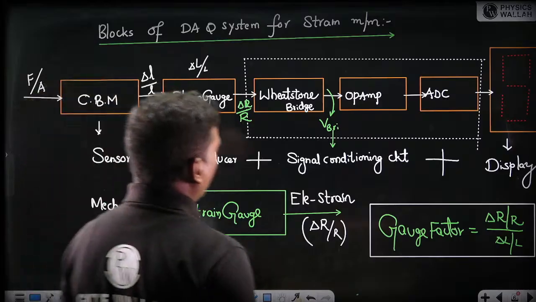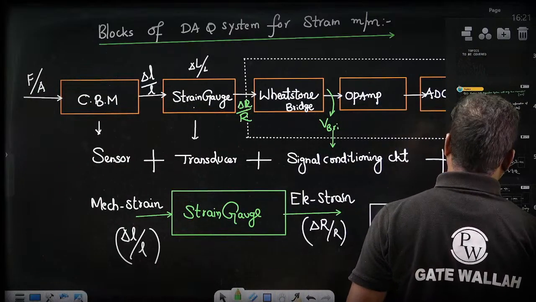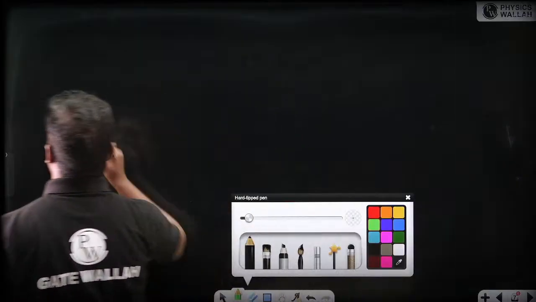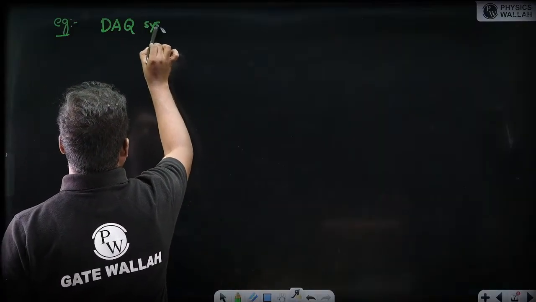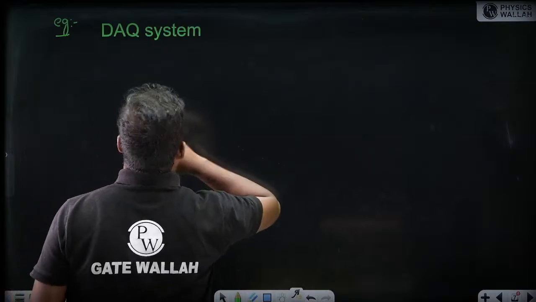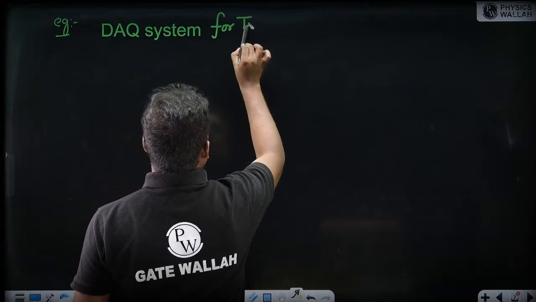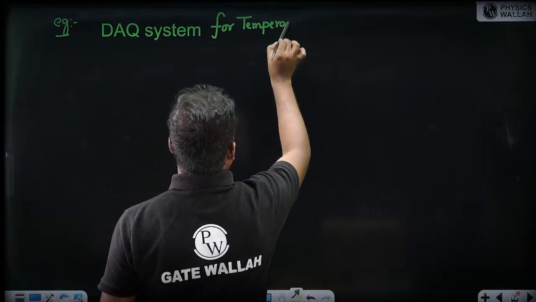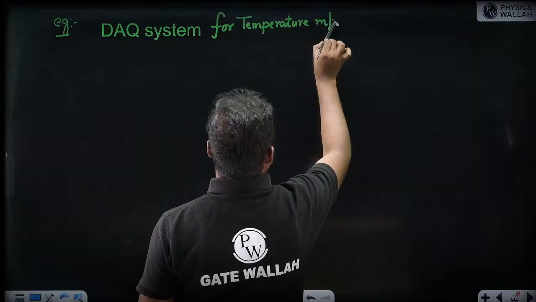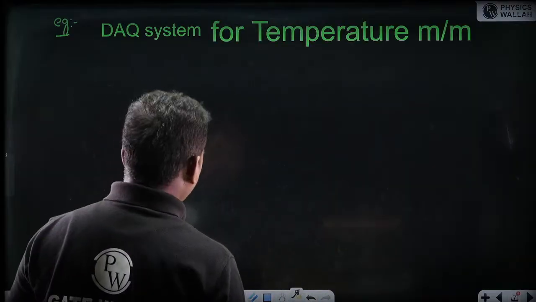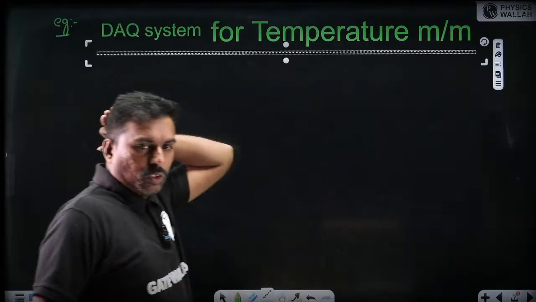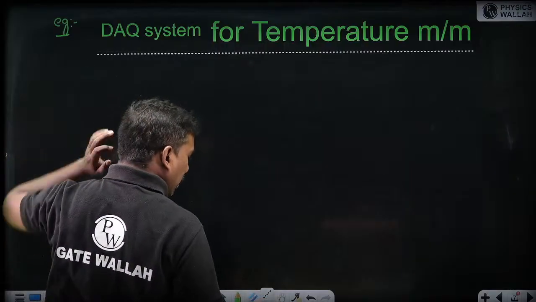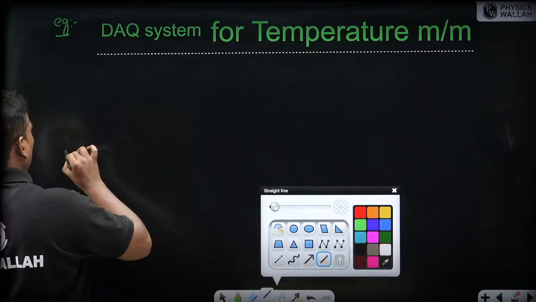So now I will go for another example: the data acquisition system, DAC system, for temperature measurement. So how can the temperature be measured? For temperature measurement, we are using a transducer that is called an RTD.